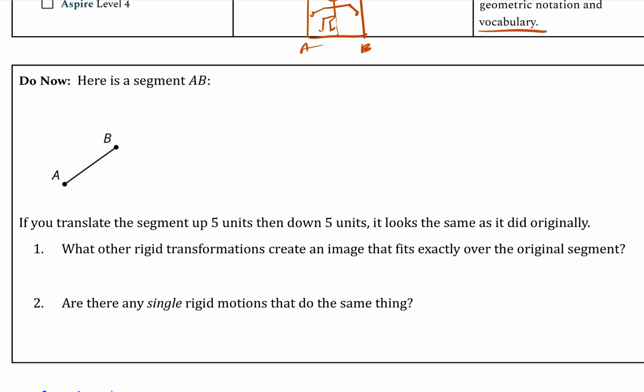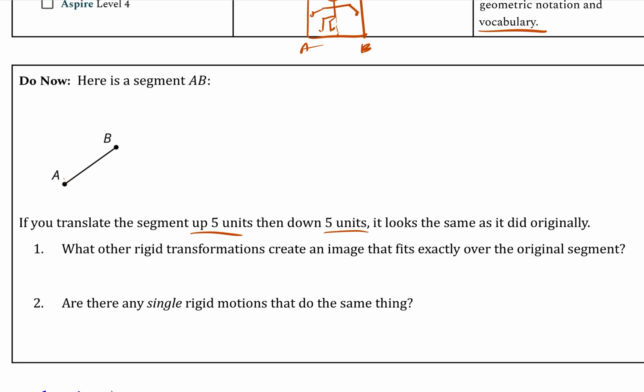All right. Here is a segment AB. If you translate the segment up 5 units, then down 5 units, it looks the same as it did originally. So I'm just going to model to visualize. So 5 units up, 5 units down. There's no coordinate grid.